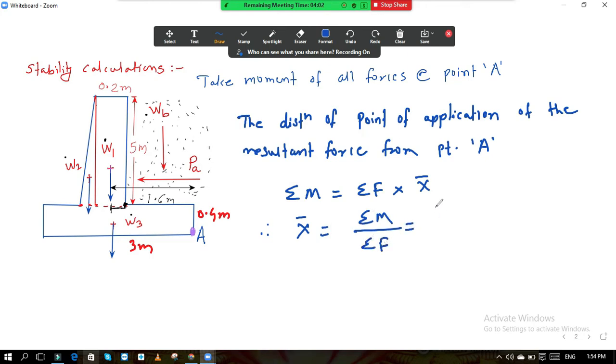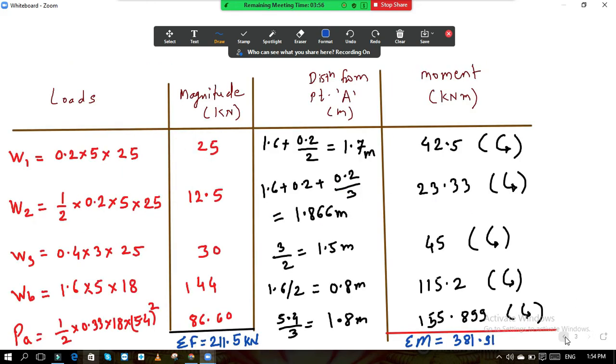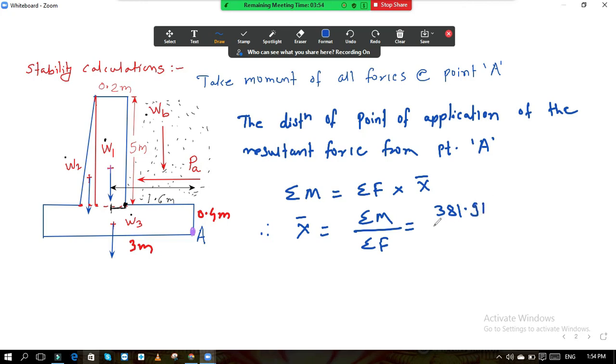So summation M is 381.91 and summation F is 211.5. So if you solve this, you will get 1.81 meter. Okay, 1.81 meter, but most importantly, it is from point A. So from point A, the CG of the loading will be at what distance?